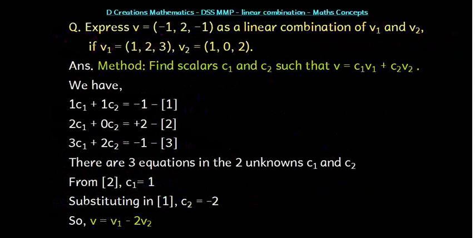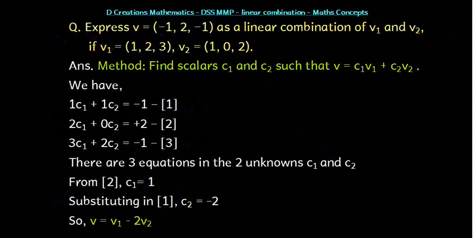So what have we calculated? We have calculated the scalars c1 and c2 to be 1 and -2. That means our original equation v is equal to c1v1 plus c2v2 becomes v is equal to v1 minus 2v2.